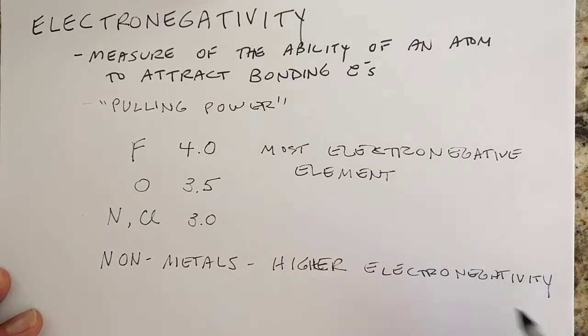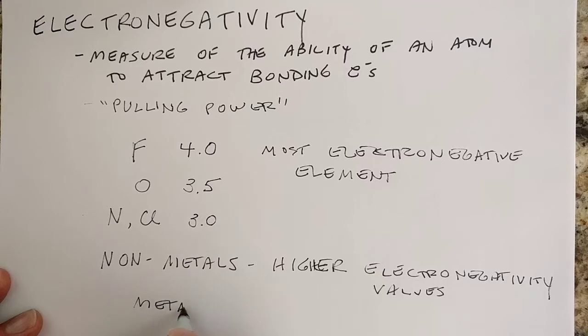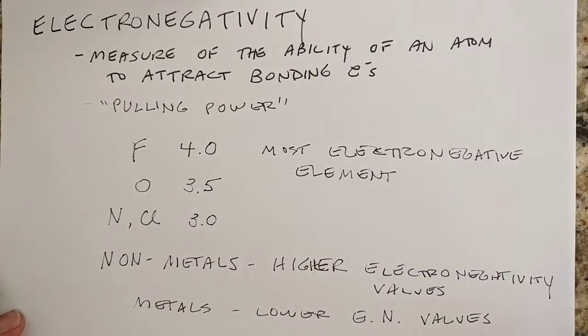That word is way too long. And then metals, always the opposite of non-metals. So our metals have the lower. We'll just say En for electronegativity. All right.